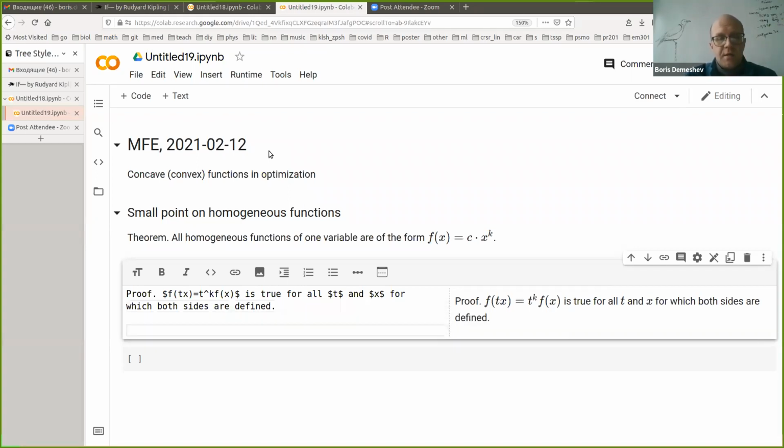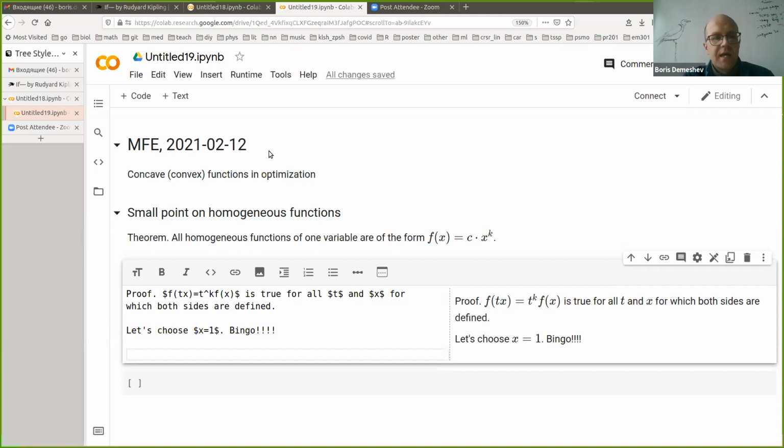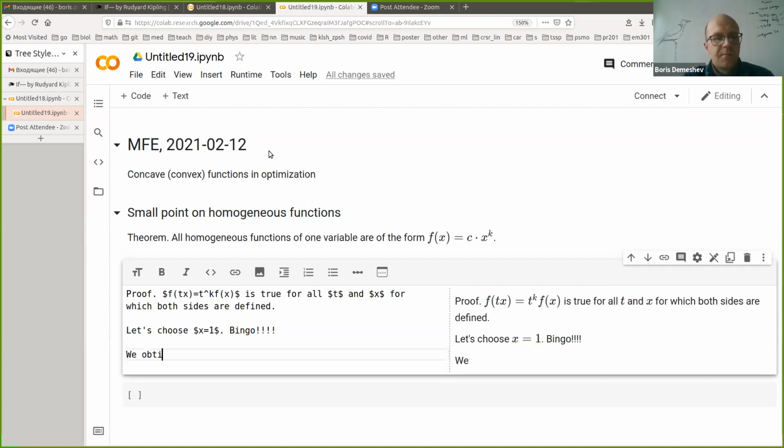And then let's choose x equal to 1. And bingo, we obtain that f(t) is just t to the power of k times f(1).